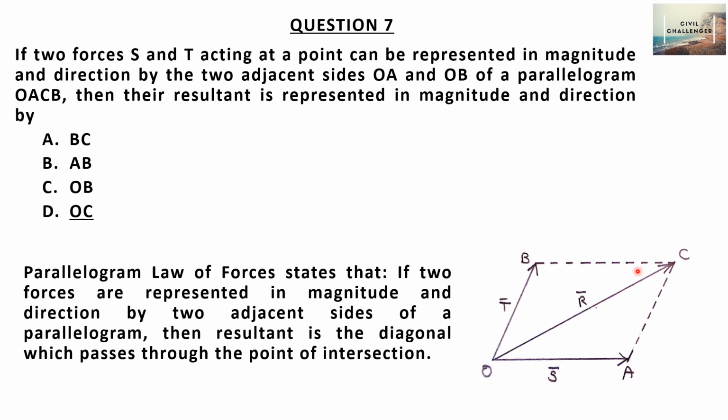Then the parallelogram will be OACB. According to the Parallelogram Law of Forces, the resultant is the diagonal which passes through the point of intersection. The point of intersection is O, therefore the resultant is the diagonal OC. So the correct answer is option D.